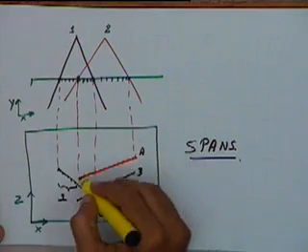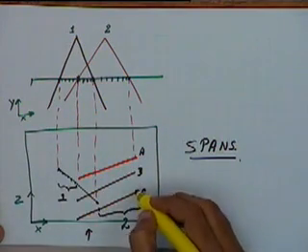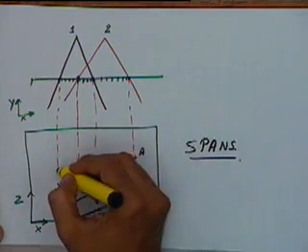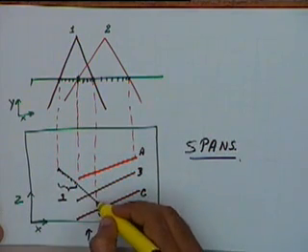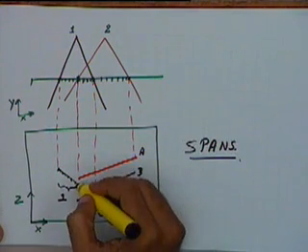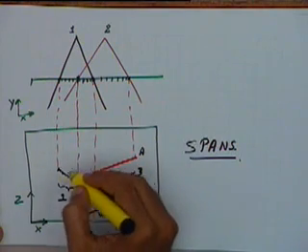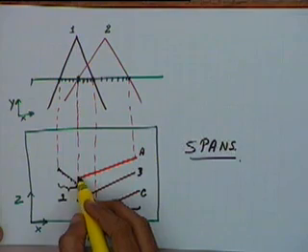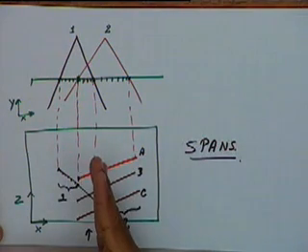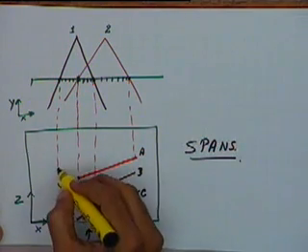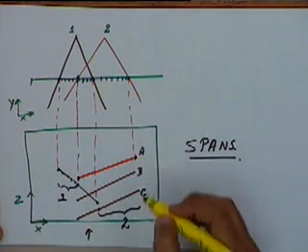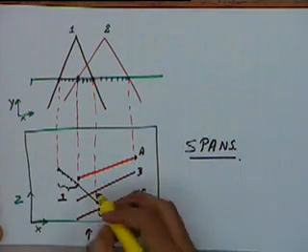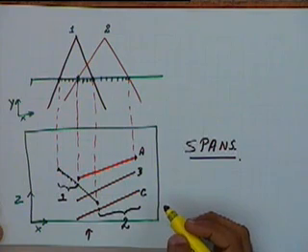I am talking of these intersections. The spans will be defined to go from one endpoint to another endpoint. So wherever we have endpoints, our spans will terminate there. I have an endpoint here, here, here, and also here.